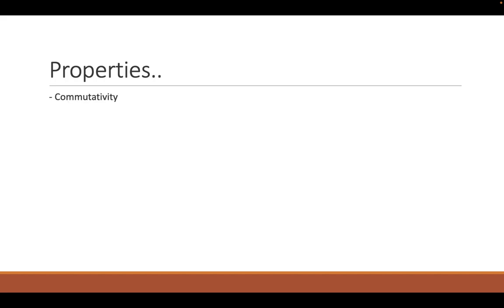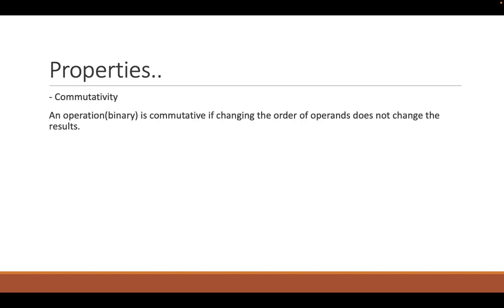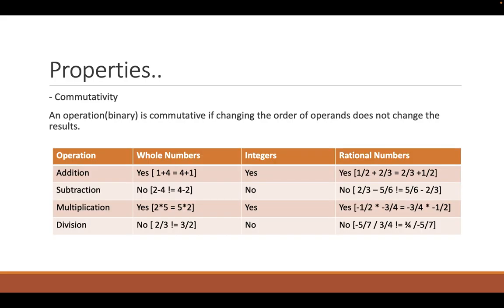Properties continued. Commutative property. What is commutative property? A binary operation is commutative if changing the order of the operands doesn't change the result. Now, is addition commutative for whole numbers?